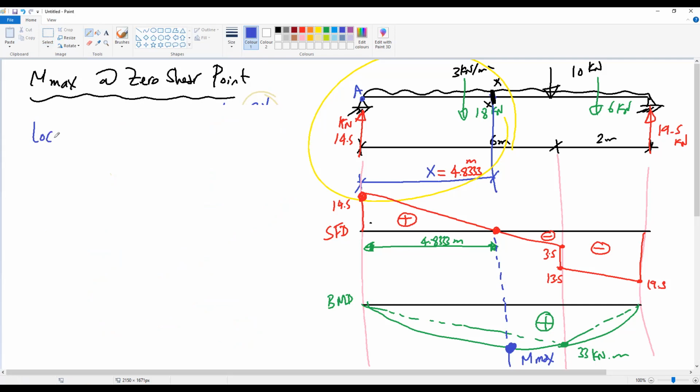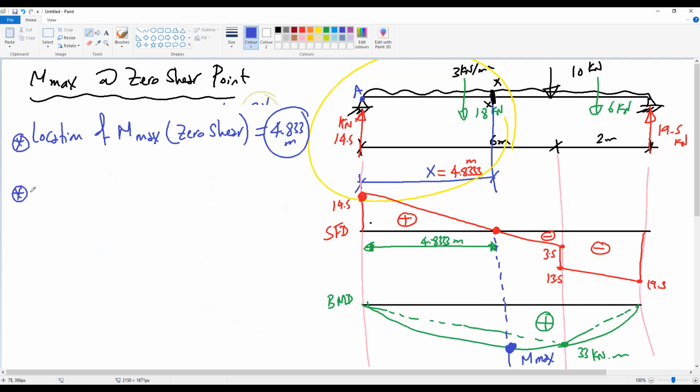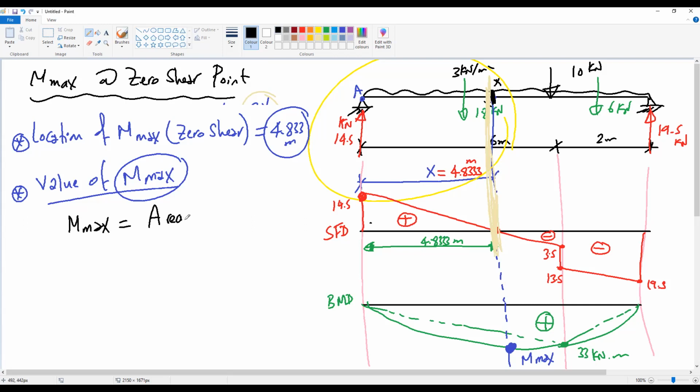Now we know the location of Mmax, the zero shear point, is 4.833 meter from support A. The other requirement in this part is the value of Mmax. As in the previous steps, to find the value of Mmax, you have to calculate the area of the shear diagram up to the point of zero shear.